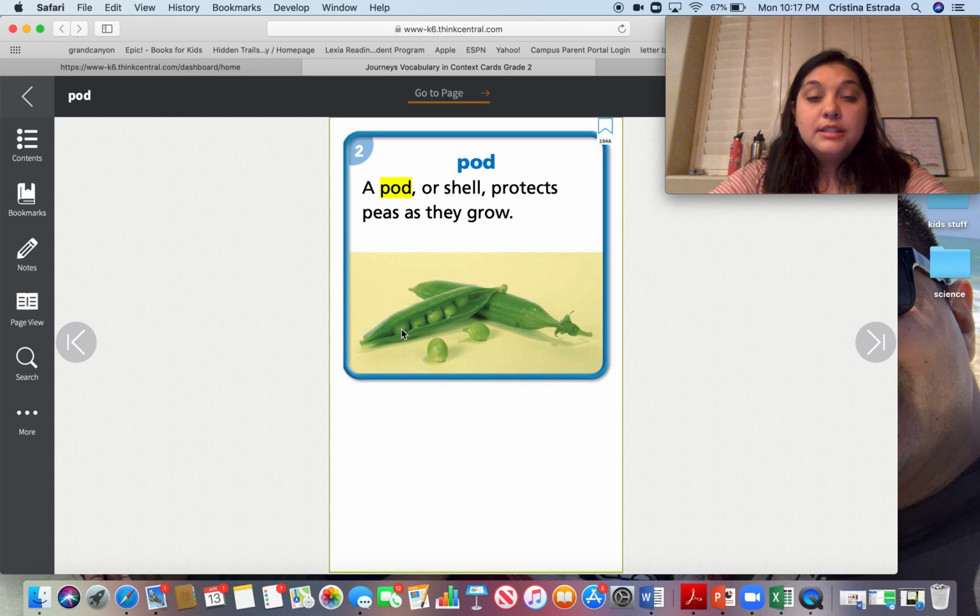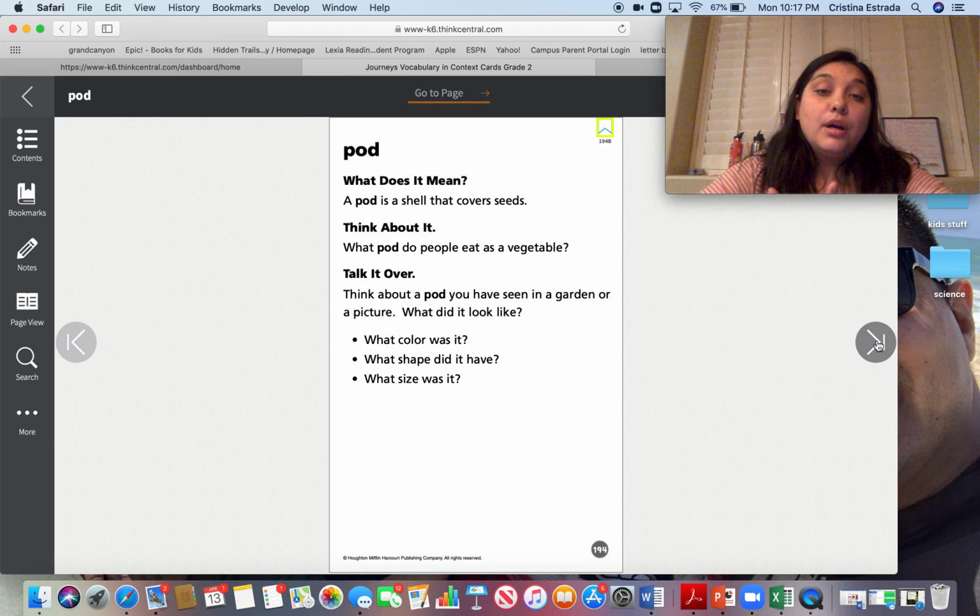The inside are the peas, and the outside is the pod, which is holding the peas inside. Again, a pod is a shell that covers the seeds. And we said a type of pod that we would eat as a vegetable would be peas.